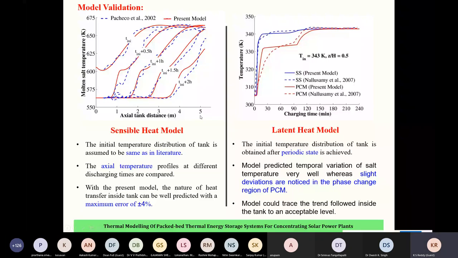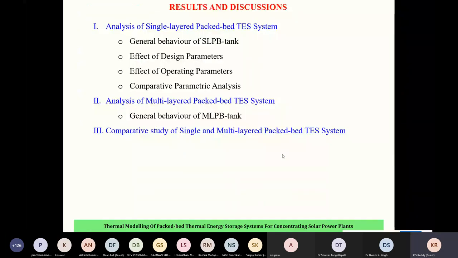Both the models, the sensible heat as well as latent heat models, have been validated, and they are within reasonable limits. And the analysis of single-layered packed bed tanks has been done with various things: effect of design parameters, and effect of operating parameters compared in a parametric study.